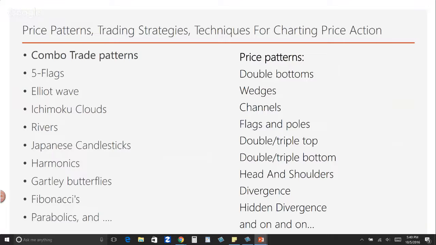I've seen harmonics, Gartley butterflies, Fibonacci strategies, parabolics. And of course, there's price patterns, which I also very much like. And they are endless and limitless and useful. And you can use a whole host of them: double bottoms, wedges, channels, flags, and pulls, double or triple tops, double or triple bottoms, head and shoulders, divergence, hidden divergence, and on and on.